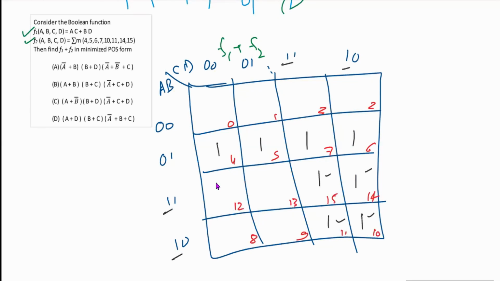So no need to substitute. Then you go to B, D. If you are dealing with B and D, B is 1 here and D is 1 here and here. So 1, 1 is here, this one is left. Okay, so this is your F1 plus F2.